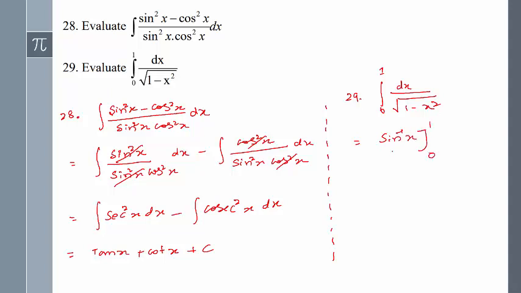Limits are from 0 to 1. So here you can just see sine inverse 1 minus sine inverse 0. Everyone knows that sine inverse 1 is pi by 2. Sine inverse of 0 is 0. So your answer is going to be pi by 2. Okay. So this is also a very simple problem. Easily you can simplify this.